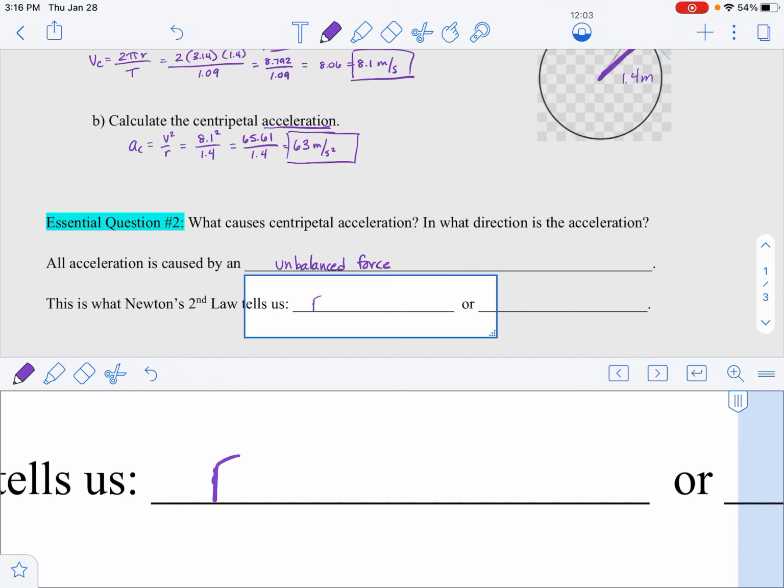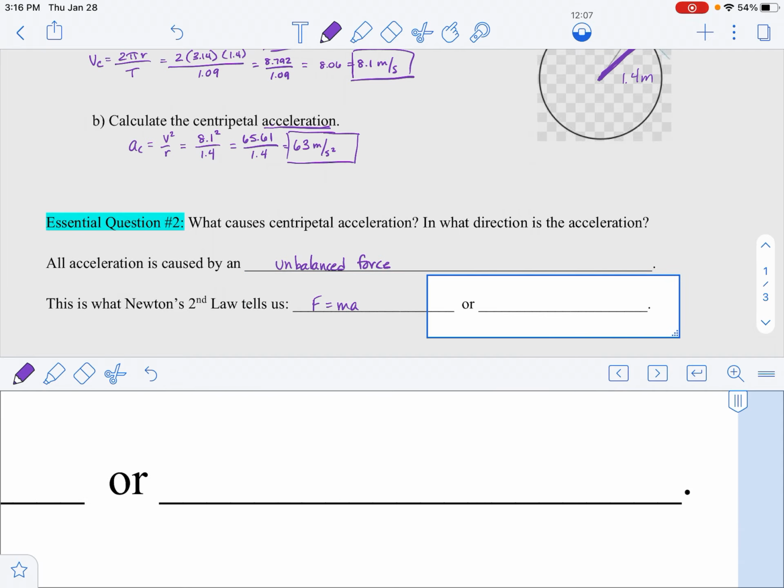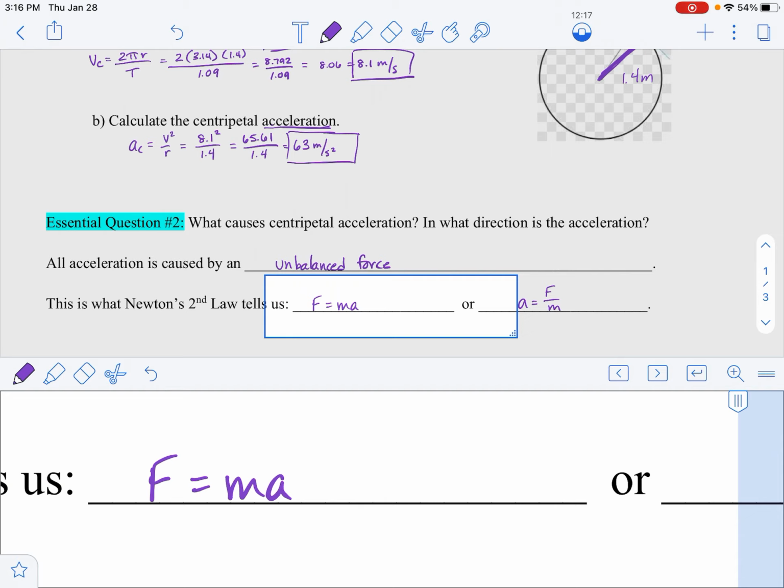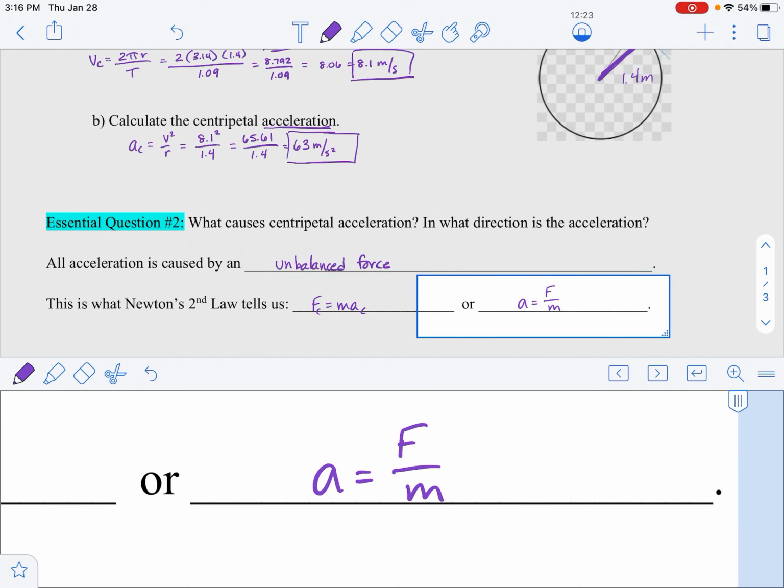Newton's law tells us, remember Newton's second law, F equals ma. Or if we wanted to, we could rearrange it. We could say A equals F over m. Whoops, my bad. Let's try that again, F over m. So all we're going to do here is add some C's. So that's our circular force is now mass times our circular acceleration. Or if you write it this way, circular acceleration is circular force divided by the mass, okay?